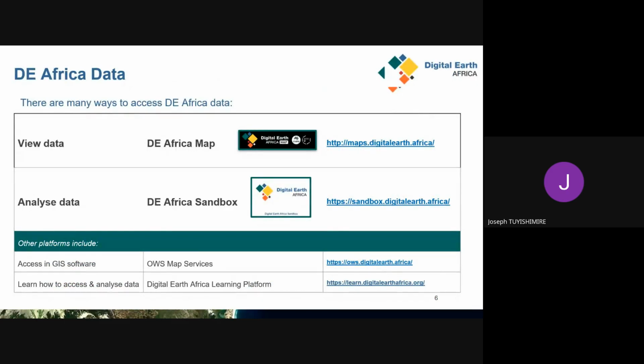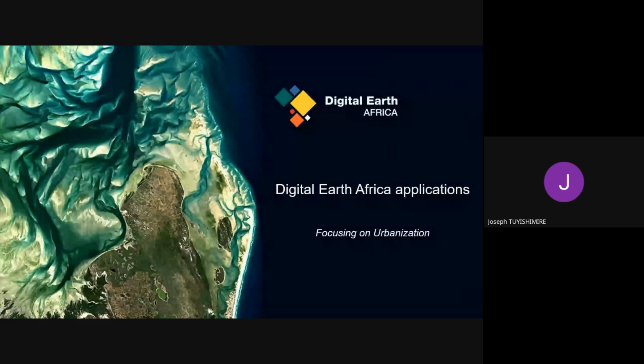So we'll be using mostly two interfaces. The first one will be the Africa map, and the second one will be the sandbox, which is a robust cloud computing infrastructure. It's free. You just need to have an account and start enjoying both the cloud computing space, our pre-developed tools, and also different advantages.